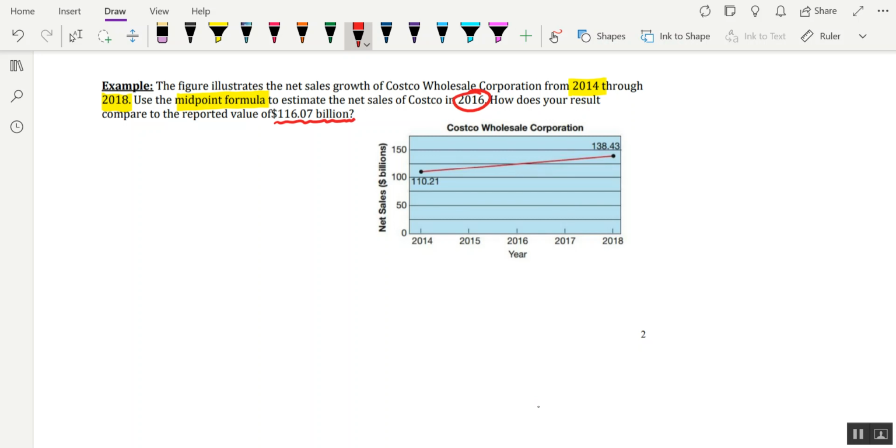As we're seeing on the diagram to the right, we have a starting point. I'll call that P sub 1. We can treat the year associated with that net sales as an x coordinate, so 2014, and the reported net sales of 110.21 billion.